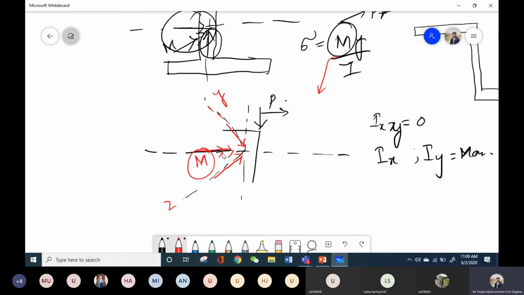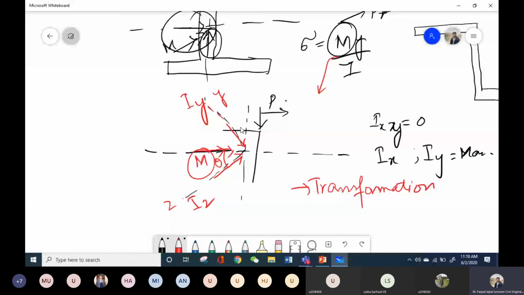Another question is: how will we determine the moment of inertia on this inclined principal axis? Actually, there are transformation equations, just like we have done for the case of stresses and strains. If we know the stress on one axis, which is basically the horizontal or vertical axis, we have developed equations using which we can calculate the stresses or strains on any inclined axis.